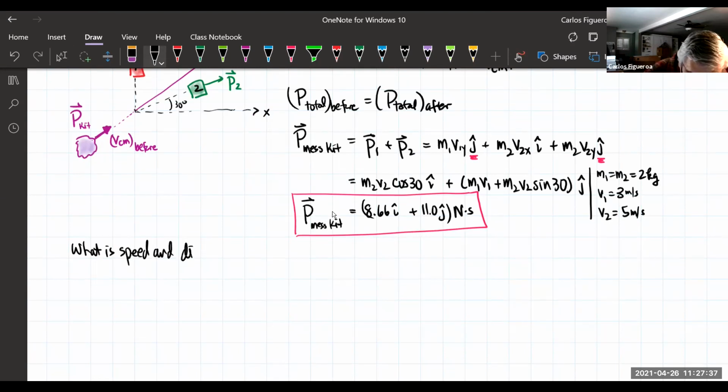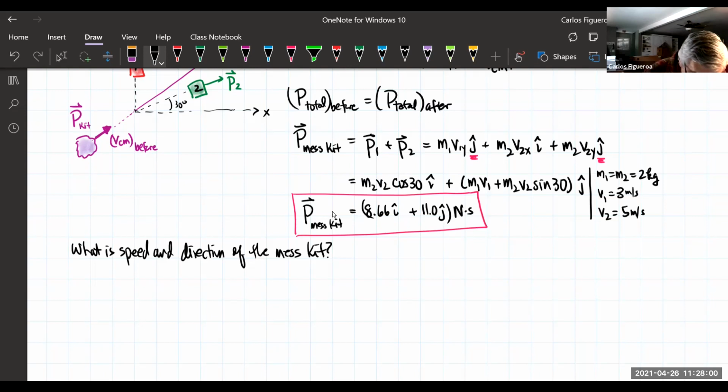So what is the speed and direction of the mess kit? Well, here's what I know. The mess kit must have had the same direction as V center of mass.